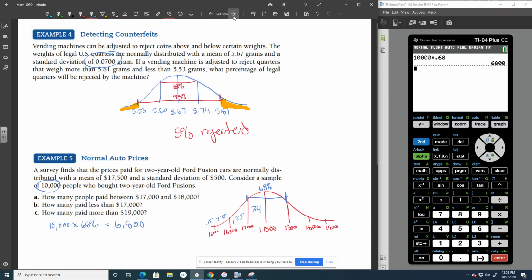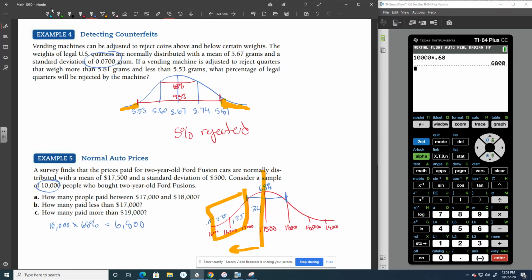So there's a few different ways that we can do this. What I want to know is this batch right here. How much of the data is that data? And I can cheat a little bit because I know that from here to the left is half of the data, right? And I also know that this little piece right here is 34% of the data.